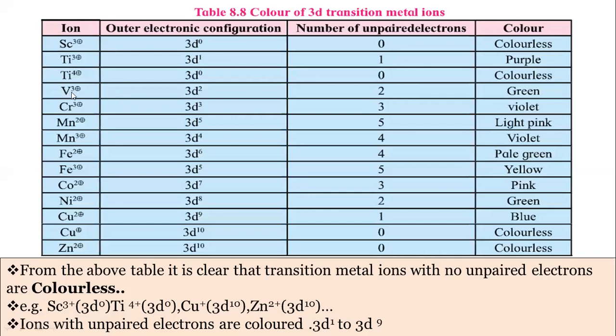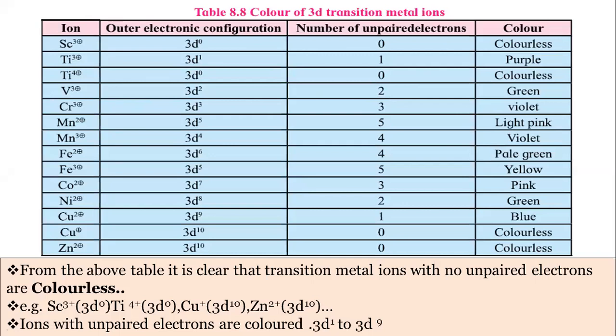Just don't memorize this table, because this table is not expected from the student. But why d block elements are colored, this is expected. If the unpaired electron is not there, it becomes colorless, and if the unpaired electron is there, it is colored. This concept is required from the student's point of view.